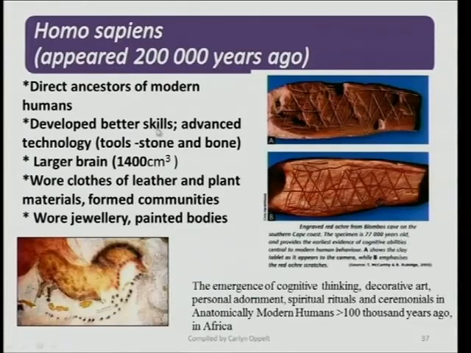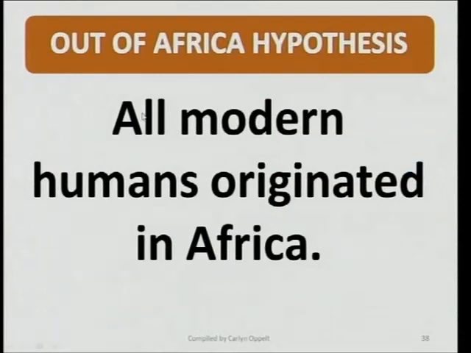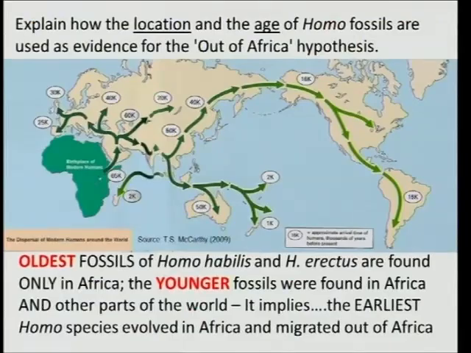But what is important is that all modern humans originated in Africa. It shows that the oldest fossils of Homo habilis and Homo erectus are found only in Africa, and the younger ones are also found in other parts, which implies that the earliest Homo species evolved in Africa.